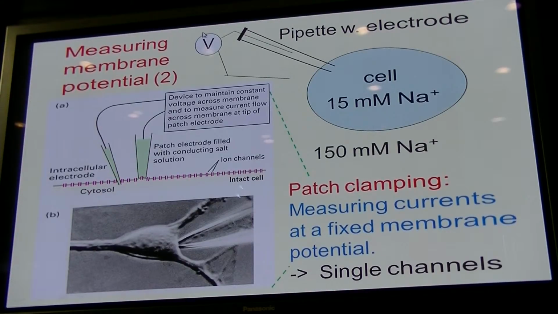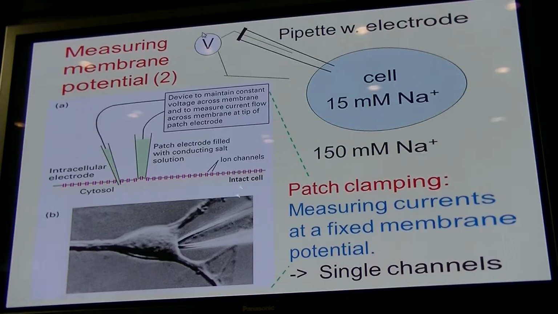And equipment is sensitive enough that, it has long been possible to measure currents through individual channels. And that's how we know that those sodium channels are voltage gated. Because you can set the membrane potential over that piece of membrane to a certain value, and you can measure the current.